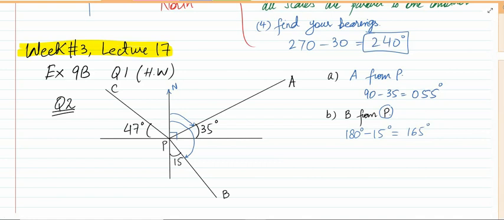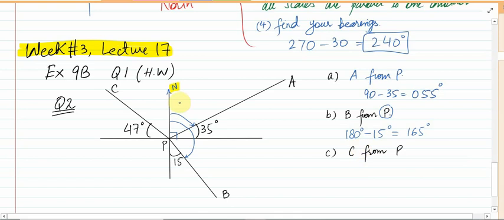Moving on to the next part, part C. It says C from P. The same concept, north of P is highlighted now, right? We need the angle from P till the line C. So from P I am going towards the line C. 90 degree I had covered, 180 degree covered, 270 covered, and now I need extra 47 degree, right?